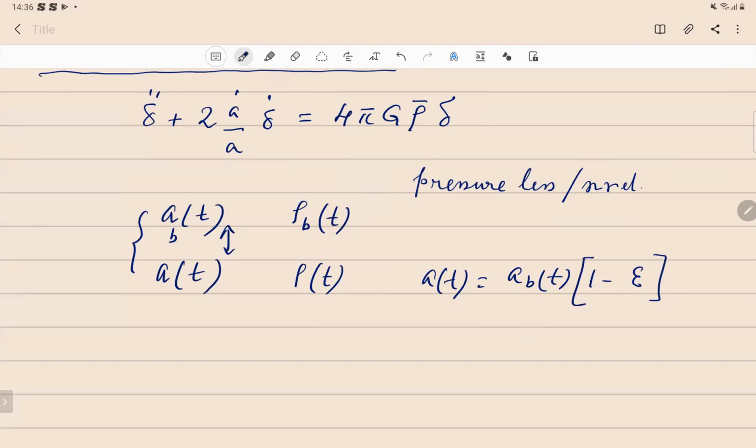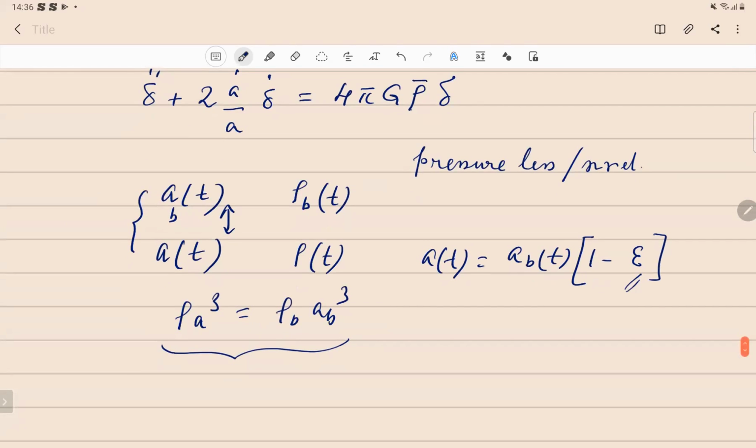Now, since we're looking at a spherical region, we should then have rho A cube. Now, rho A cube must be equal to rho background A background cube, which basically connects the perturbation delta with the perturbation in A. So you can now connect epsilon with delta.